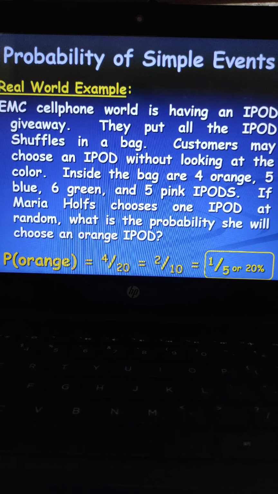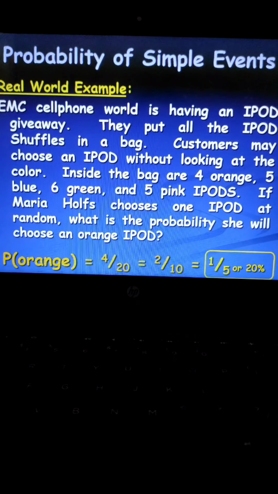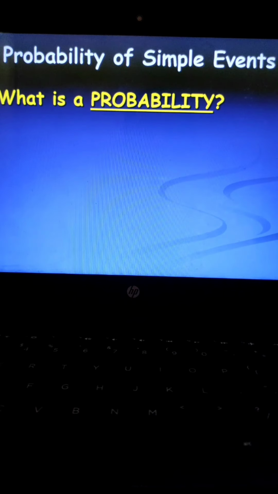Now my question, how did we get 1/5 or 20%? Before we go to the solutions, let's find out what probability is.